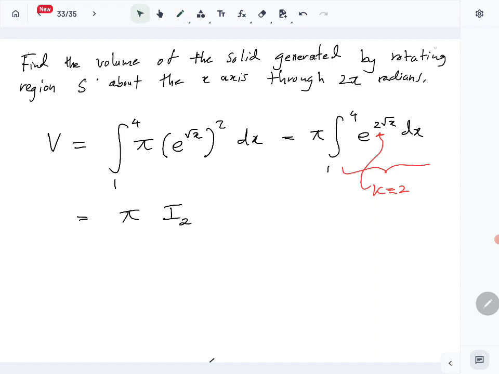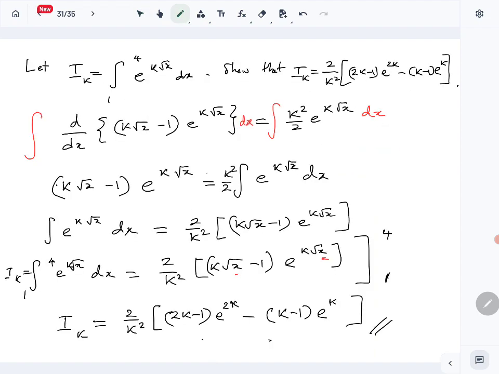So let's find I_2 by plugging in k equals 2 here.